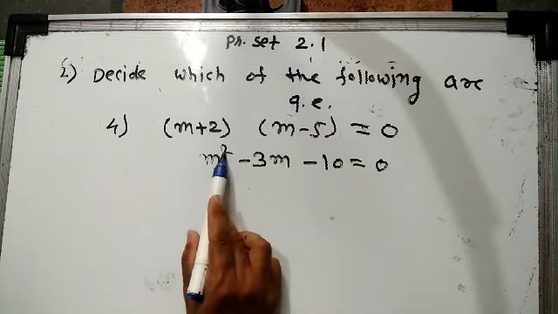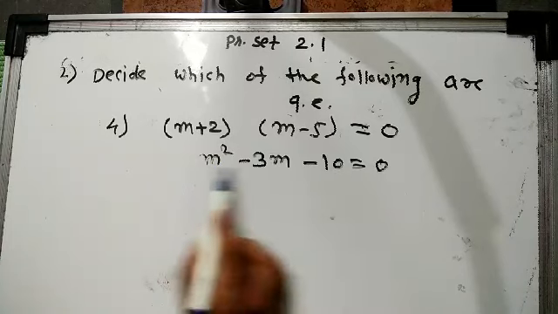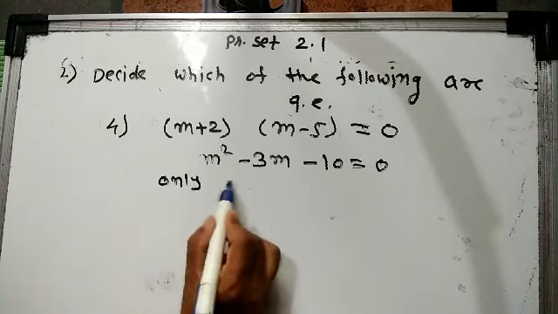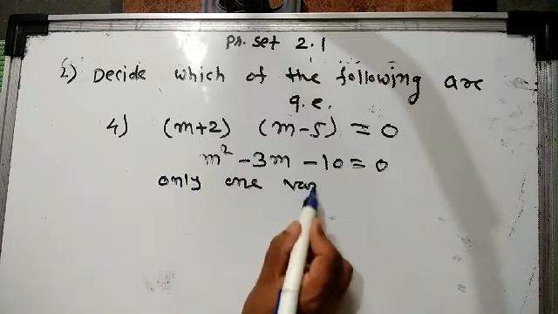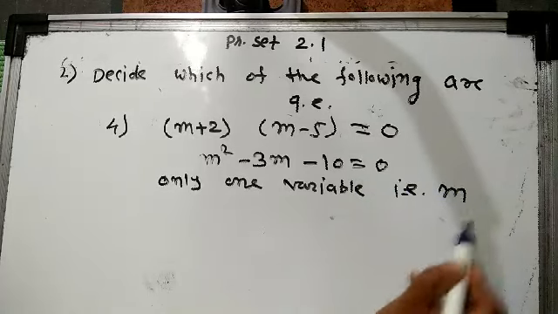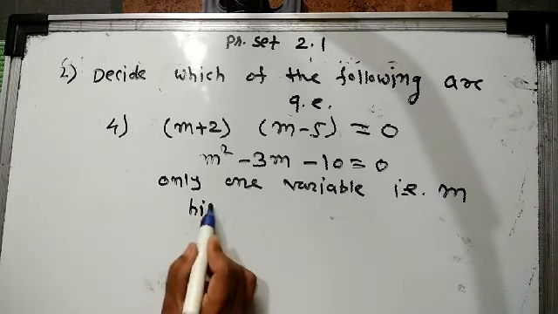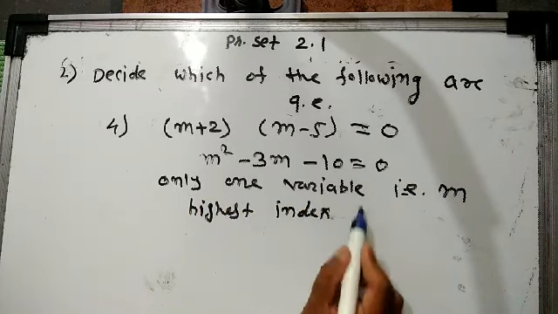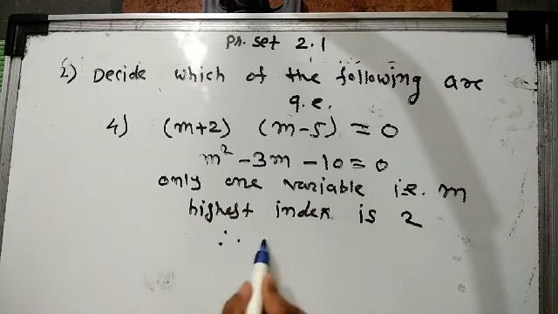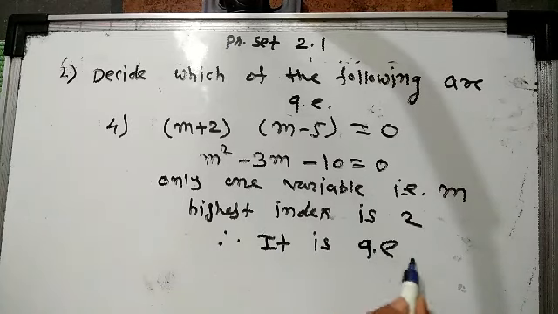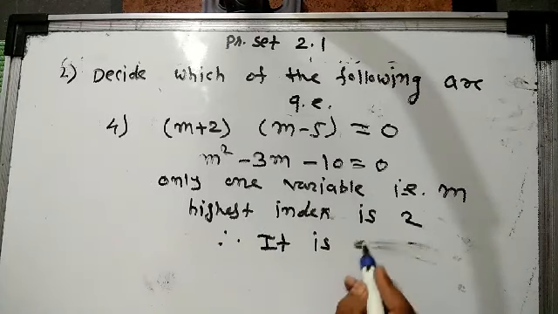Then here the highest index is 2, and there is only one variable, that is m. Therefore it is a quadratic equation.